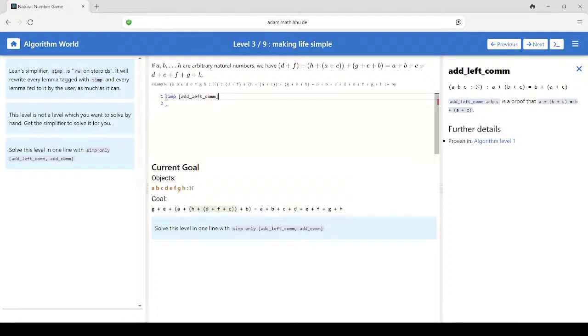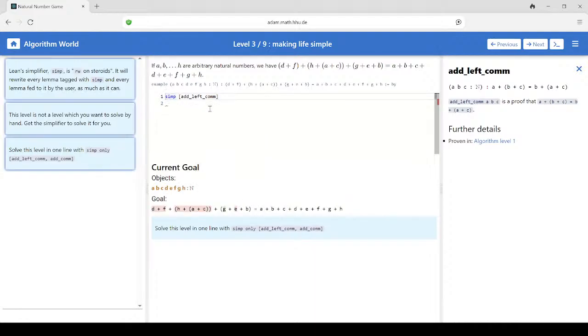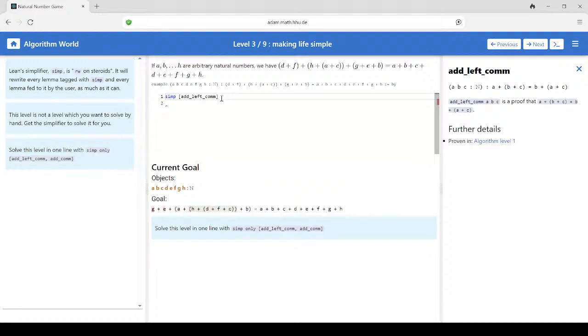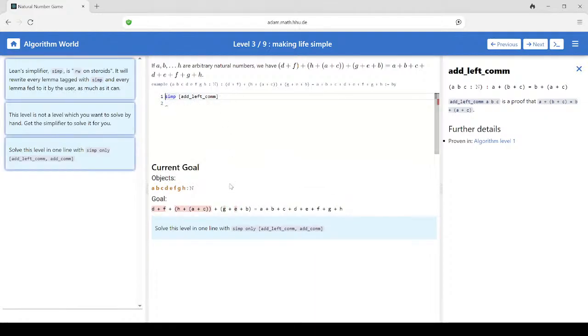Add left commutative. What should we expect to see? This D plus F plus C. Oh, no, wait.